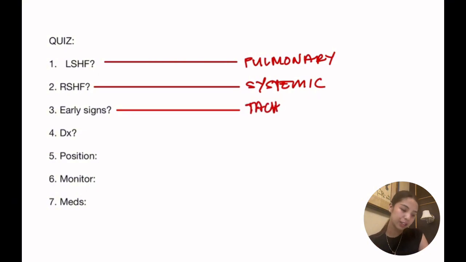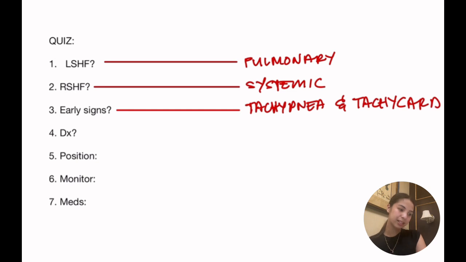That is tachypnea and tachycardia. Why again? Because this is a compensatory mechanism. You're breathing faster. You're trying to eliminate. It's compensating. And tachycardia again, because it cannot pump harder, it's just gonna try to pump faster.